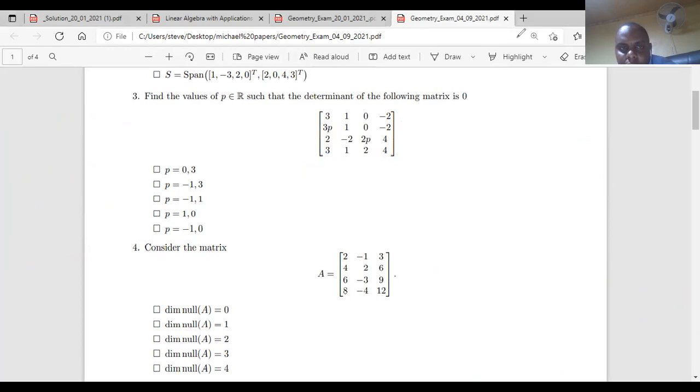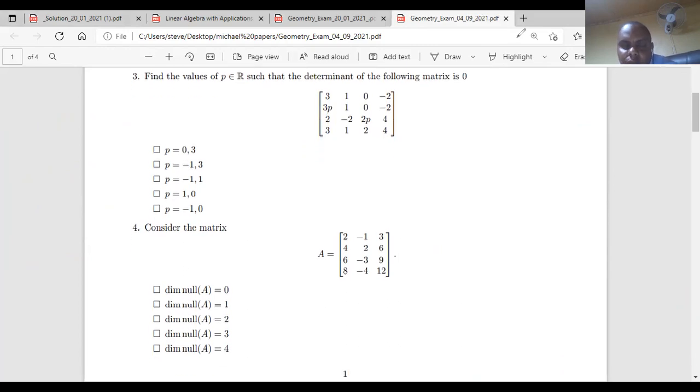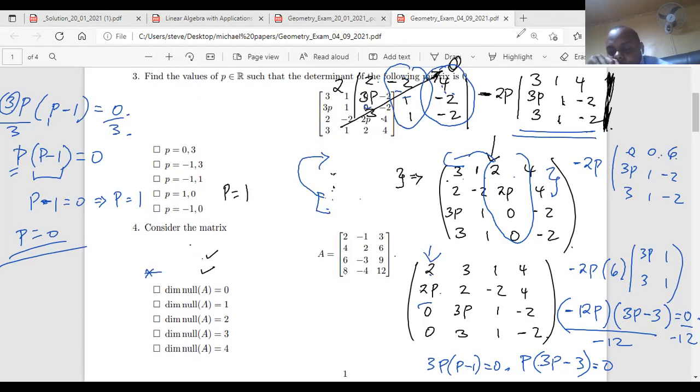Could you go back? You know the determinant, you always choose the first row or the first column. Here is a 4x4 matrix, so you need to do the determinant calculation twice.